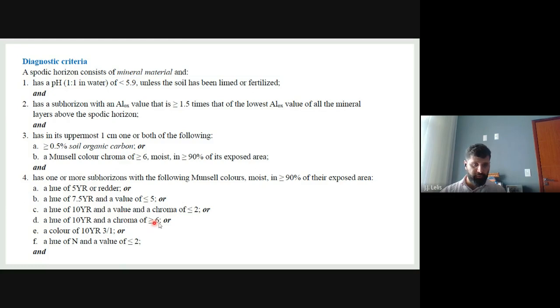If you accumulate iron, it's common to see this specific case.